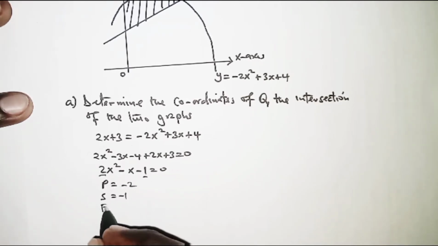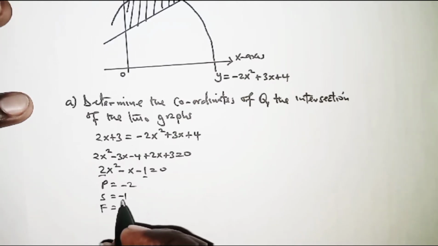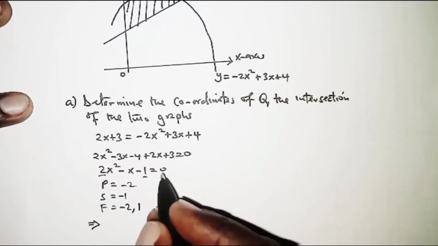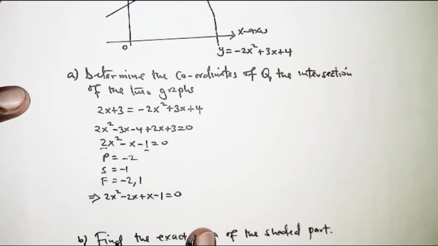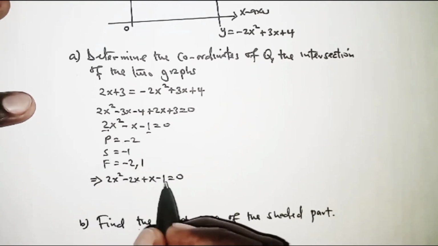So the two factors are negative 2 and positive 1. So this equation will be expressed as 2x squared minus 2x plus 1x, which is x, minus 1 equals 0. And then we will factorize by grouping.